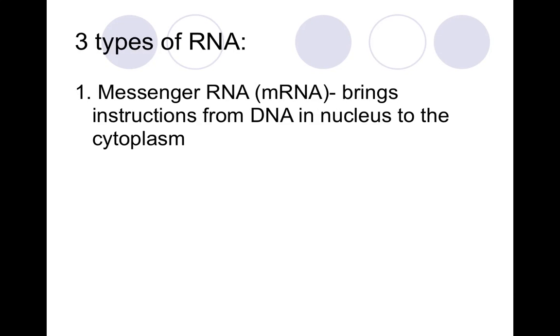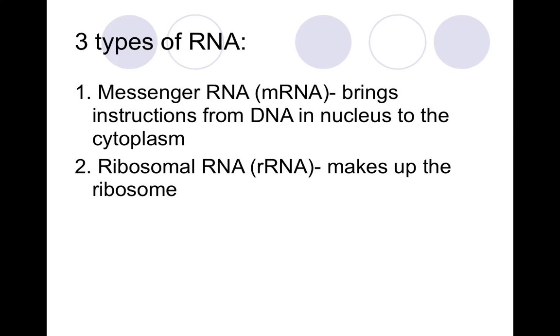What this does is it brings the instruction from the DNA and the nucleus to the cytoplasm. So it is what contains the instruction. DNA tells us how to make it, and the carrier of that instruction is the mRNA. So it takes that information from the nucleus out to the cytoplasm, and that's important for you to know where it starts and where it goes to.